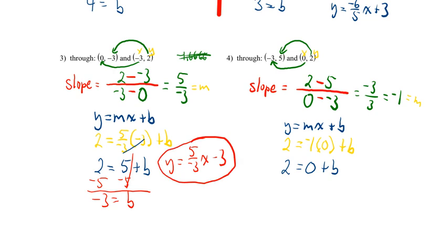Over here, my b is just going to be 2, right? b is 2. y equals negative 1x plus 2.